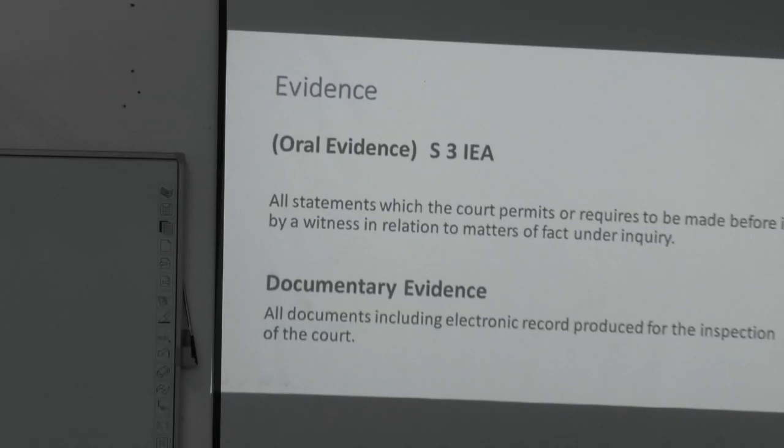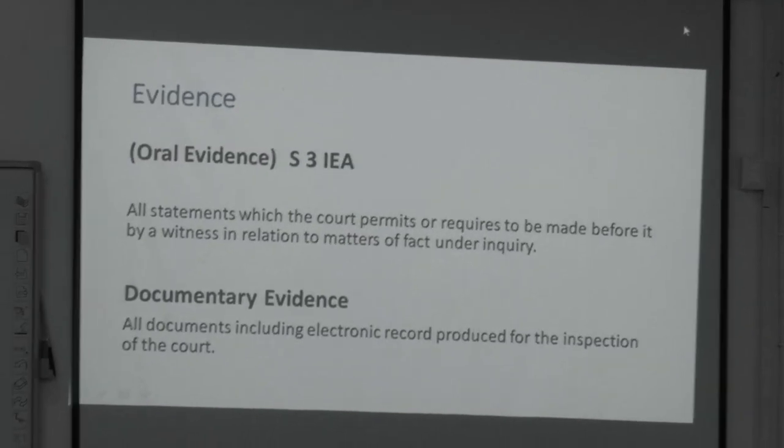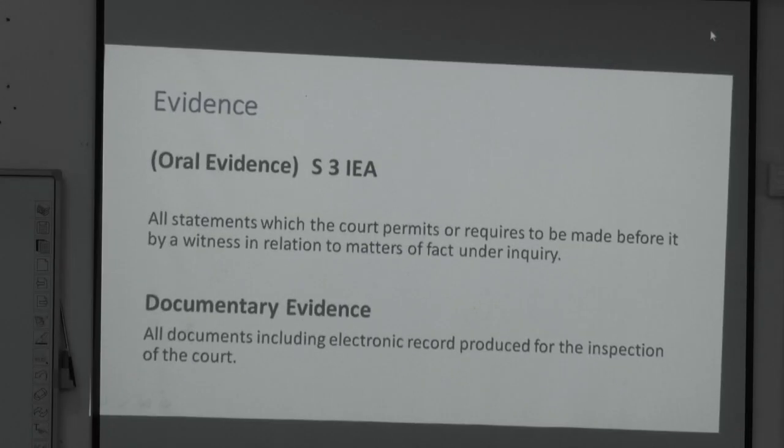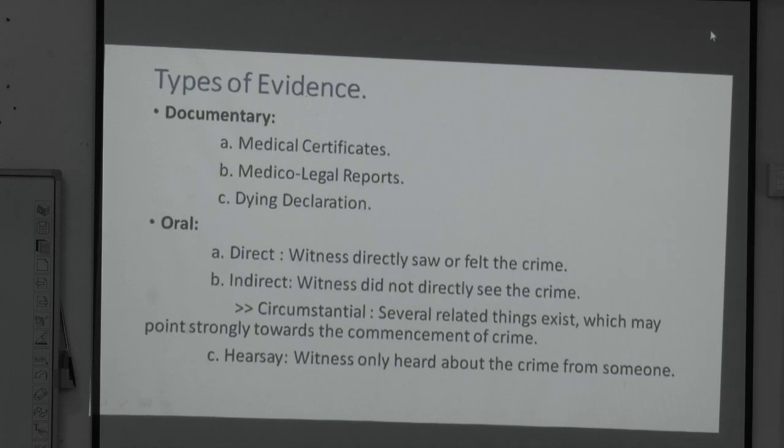Evidence is of two types: oral and documentary. What does evidence mean? What you are giving to the judge. If you are giving a document, then it becomes documentary evidence. If you are saying or stating something orally, then it becomes oral statement. That is the definition.